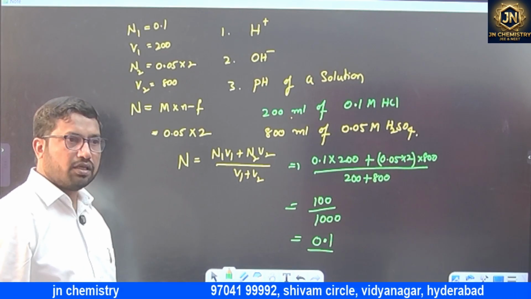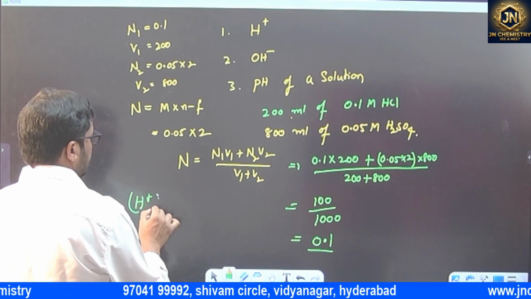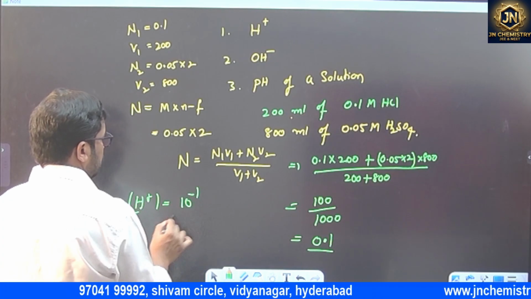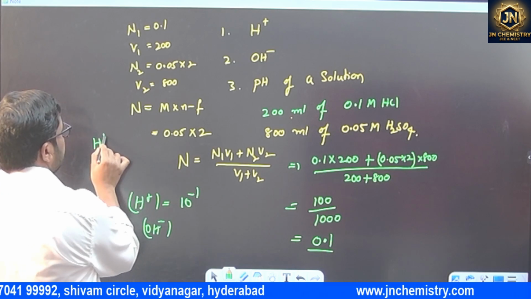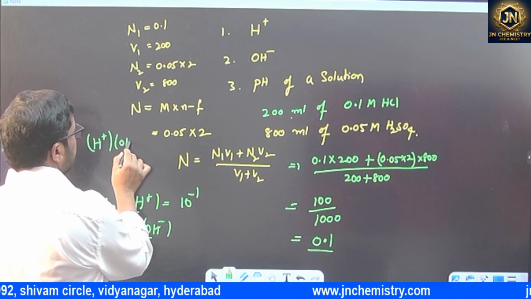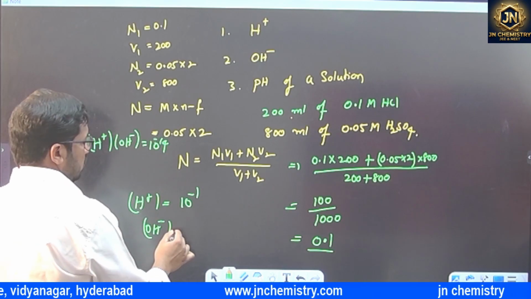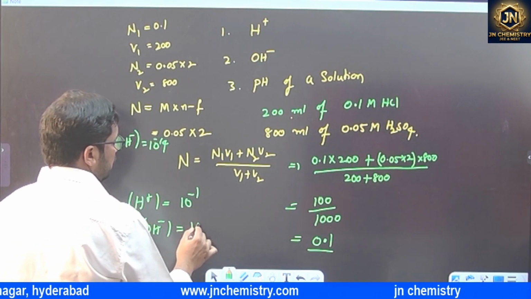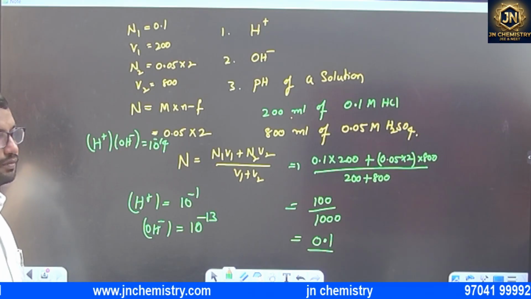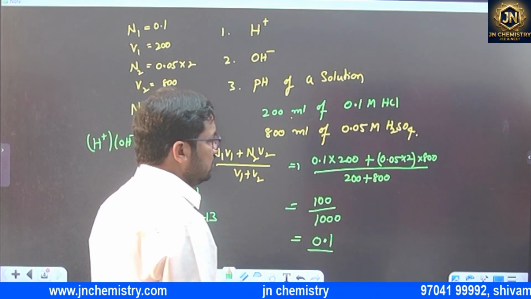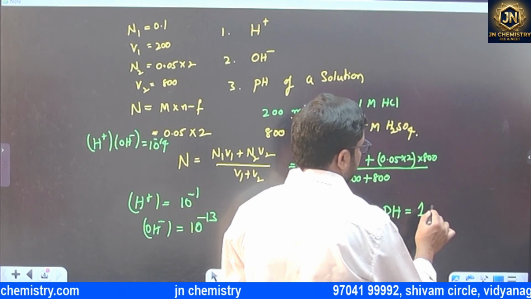So the H plus ion concentration is 10 to the power of minus 1. For OH minus ion concentration, H plus ion concentration into OH minus ion concentration equals 10 to the power of minus 14, so obviously this is 10 to the power of minus 13. So pH is 1.